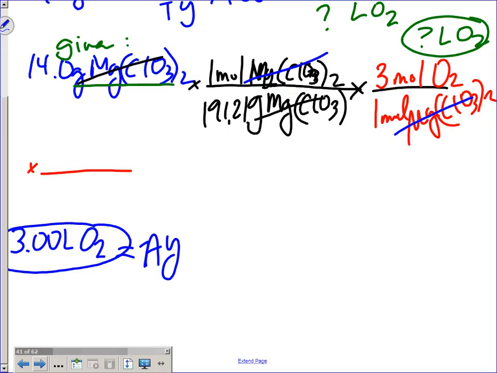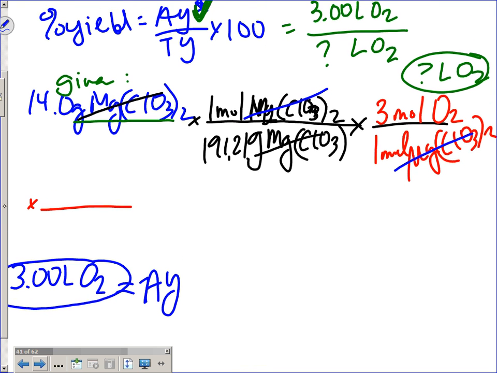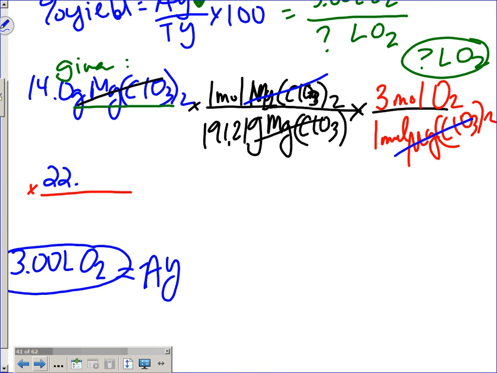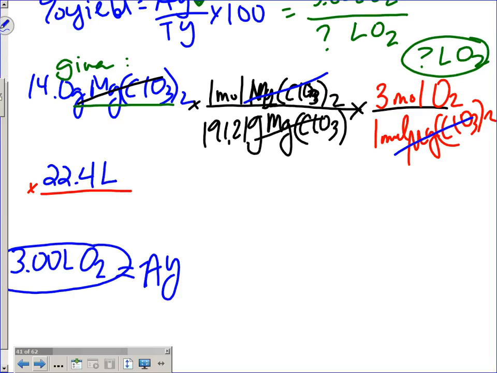Kyle, what's my last step? Okay, so how do I do that? On top, mm-hmm. 22.4. And this is something you just memorized, right? Yeah. And that's liters of oxygen per 1 mole. Right, and that's our molar volume conversion that we've known for 2 or 3 weeks at this point. So moles of magnesium chlorate, moles of oxygen can now cancel with moles of oxygen.